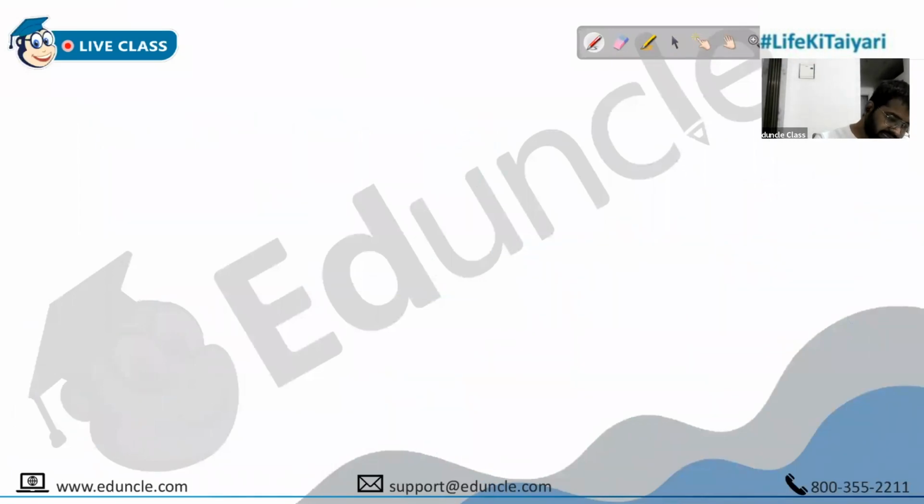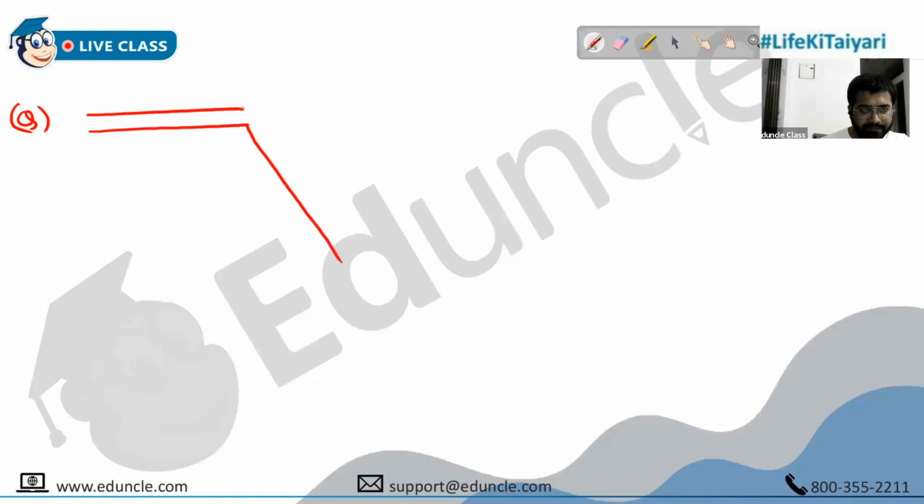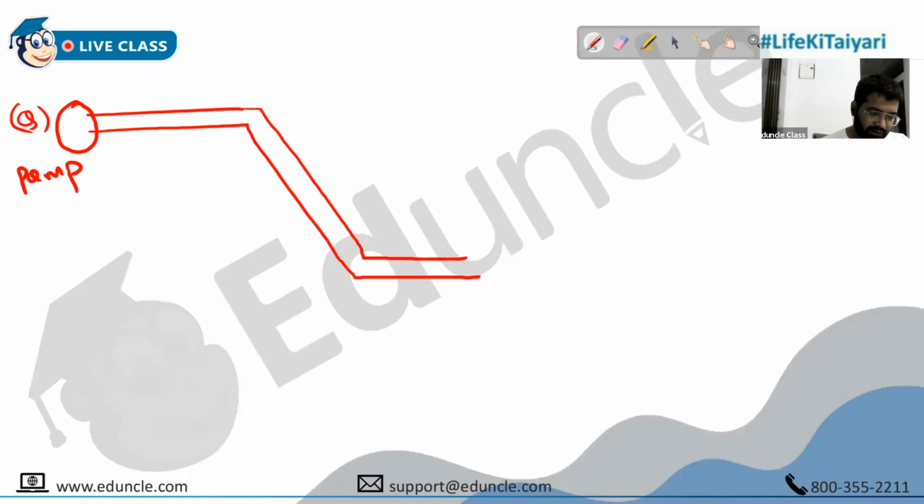So here's another, just an interestingly good question. A very small one, but nice one. So they have given us a pipe. This was a question in IISc paper. Okay, and there is a pump here. And this height is h.